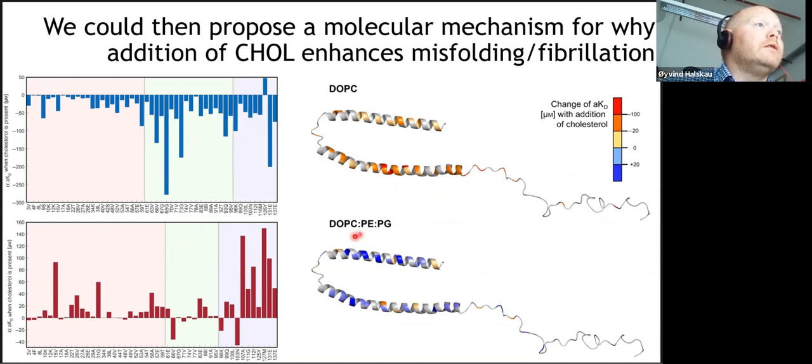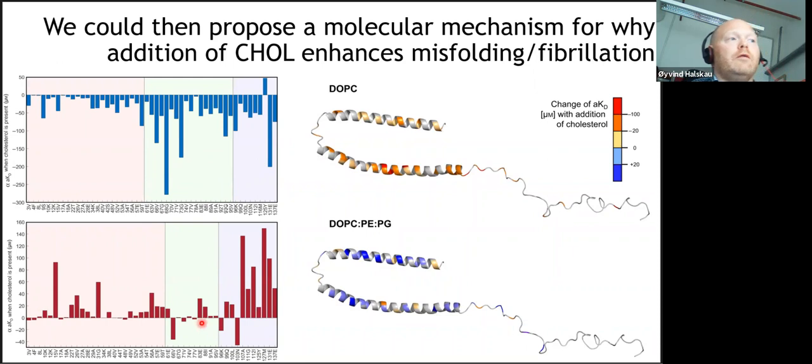For the other system, DOPC, PE, PG, we have less change, but clearly, at least in this green region here. Based on this, our argument was that in the case of the green regions, we see either a large lowering in affinities or no lowering, while the other regions are actually changed.